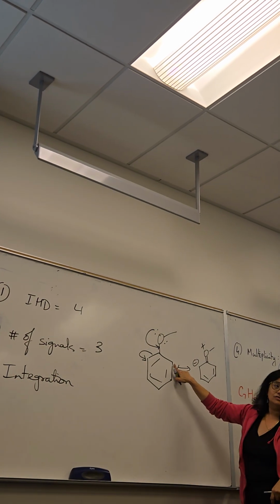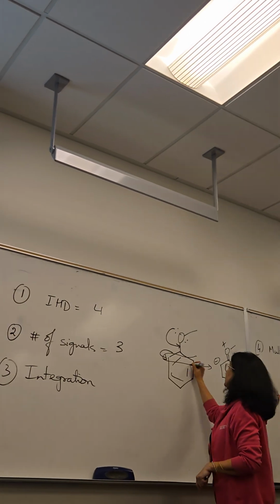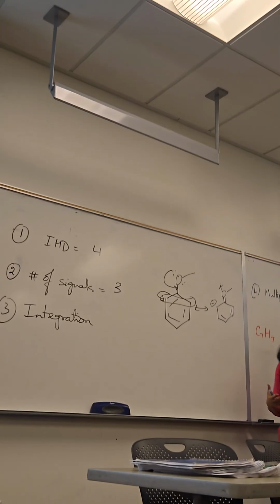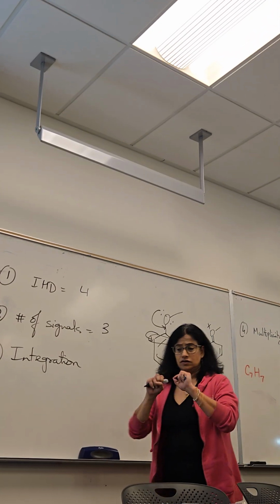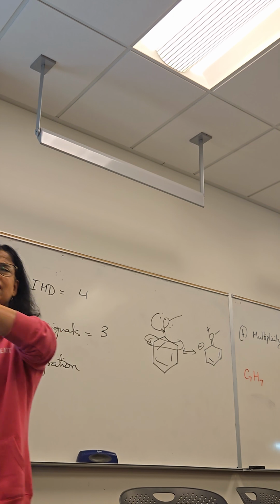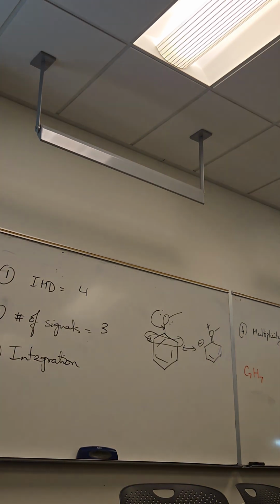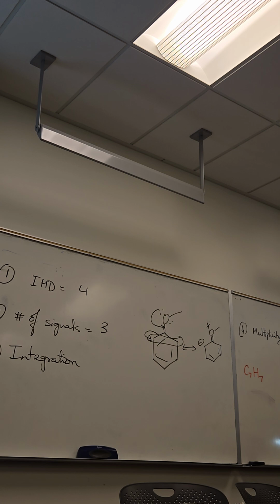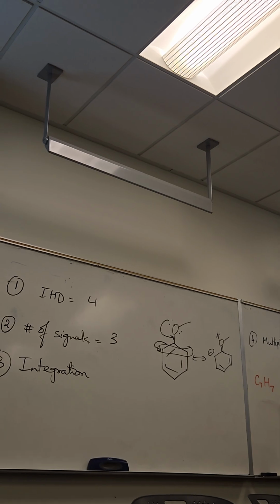And same with that as well. So these are actually shielded. They have higher electron density because of the oxygen's lone pair being pushed in there due to the resonance effect. And that is why this is B and that's A.